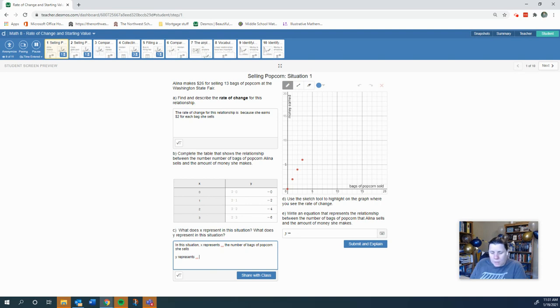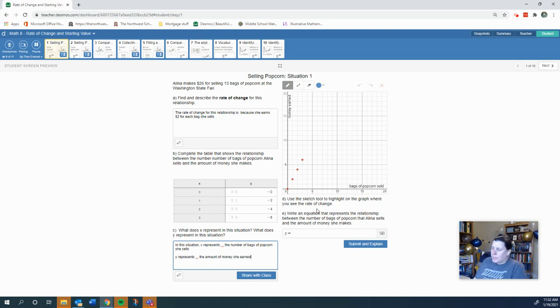And in each representation, X represents the same thing and Y represents the same thing. So if you know what it is in one representation, it's the same for all of them. In this situation, Y represents the amount of money she earned. Okay.